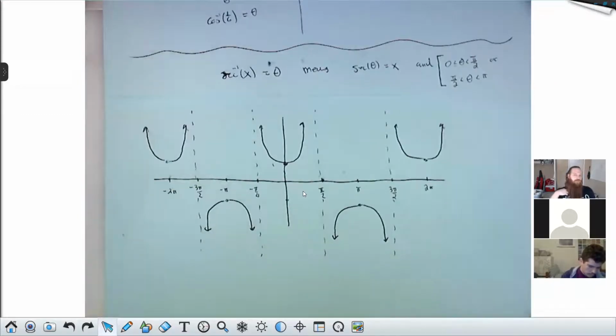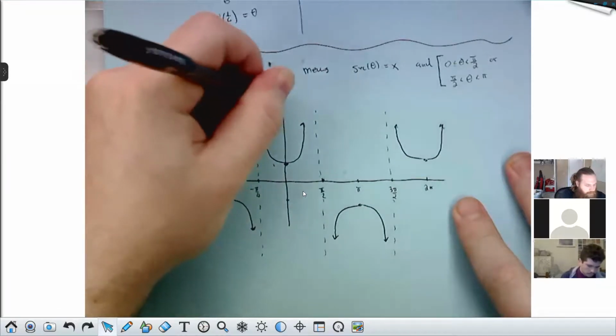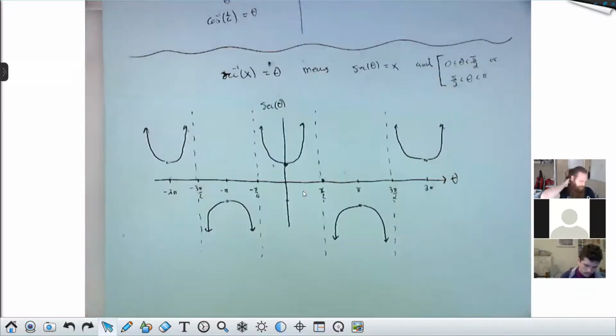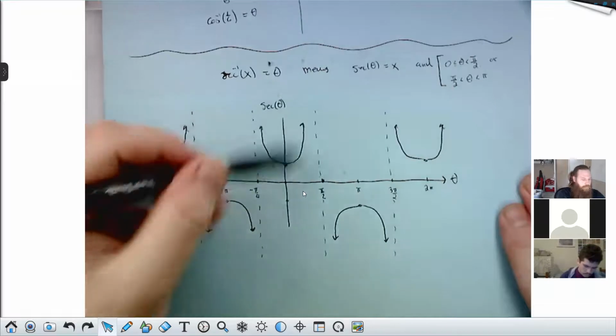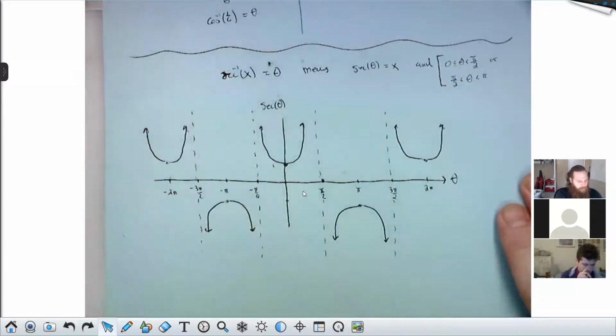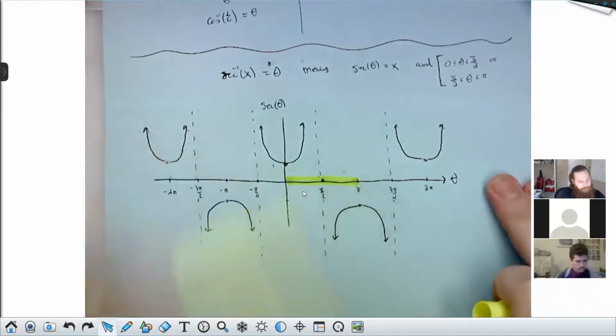So when you choose to restrict the graph of the secant function, right, this is my theta axis, I can't just take this piece because this piece isn't 1-to-1. It doesn't pass the horizontal line test. But I can say I'm going to take the piece from here to here.